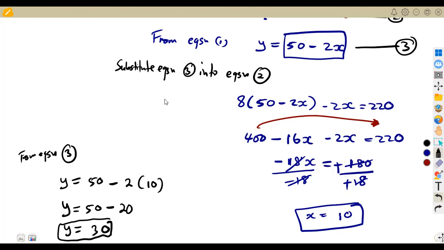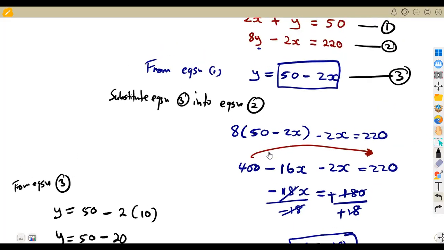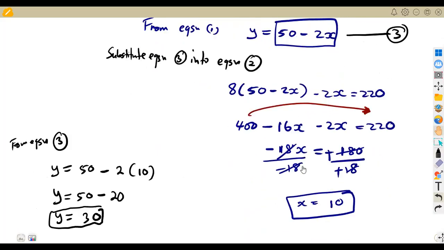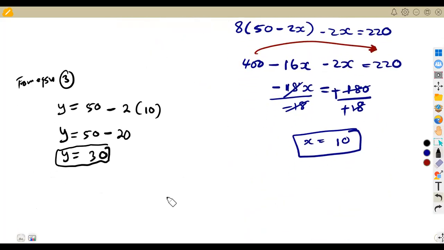All right, so that means in actual sense, x represents the boy's age. Remember, I said the boy's age is x. So the boy's age is x, which is 10, so he is 10 years old.